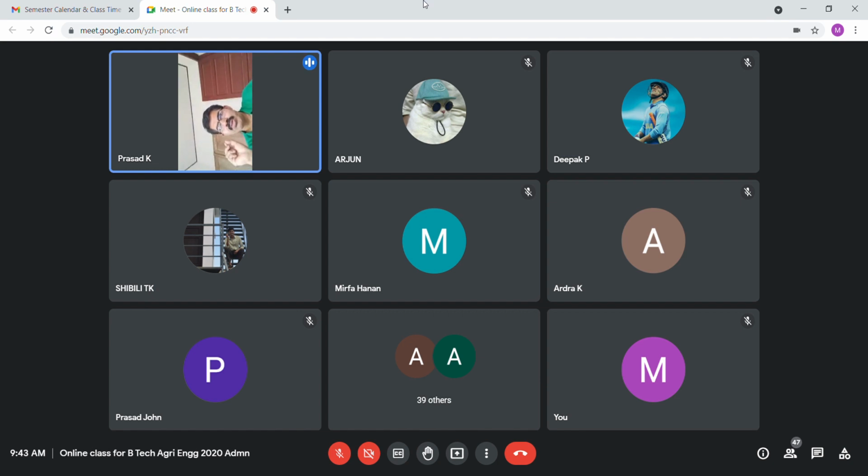How can we compute the circular pitch? PC is equal to pi D1 divided by T1, which is equal to pi D2 divided by T2. The common pi we can cancel, and then the equation becomes D1 by D2 is equal to T1 by T2.